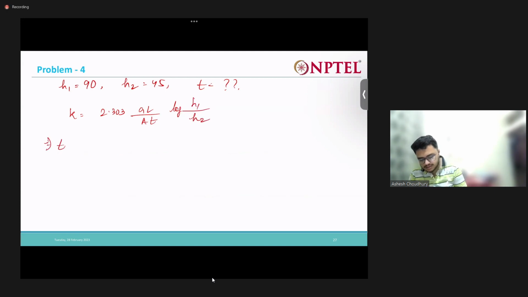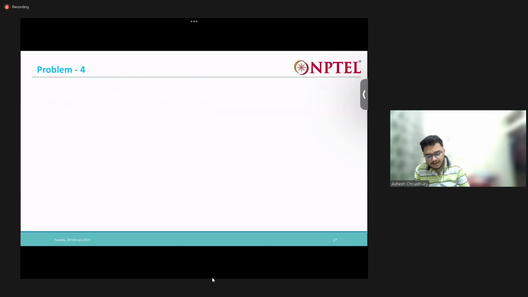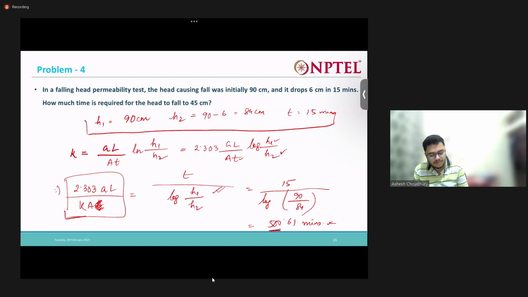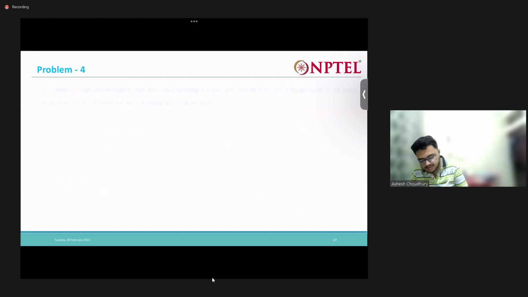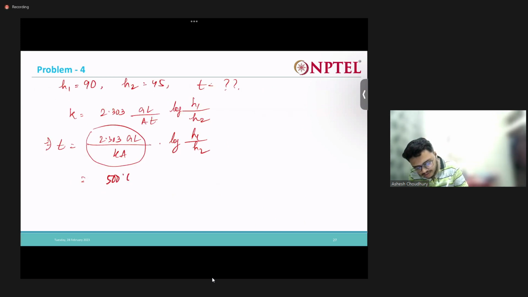If we rearrange, it will be 2.303 AL by KA log H1 by H2, right? This we already determined here, 500.61. So we can directly write 500.61 into log 90 by 45, which is log 2.